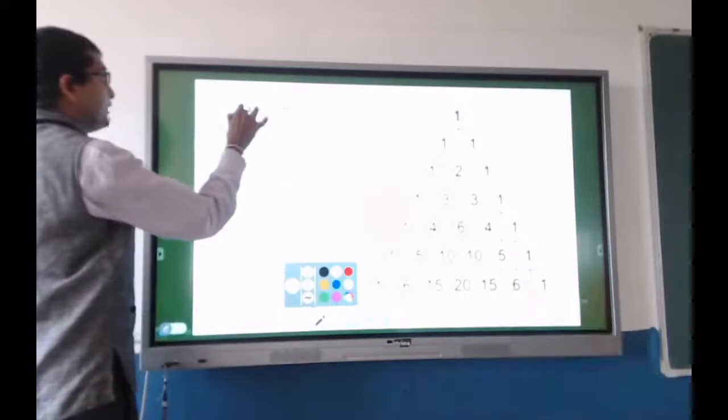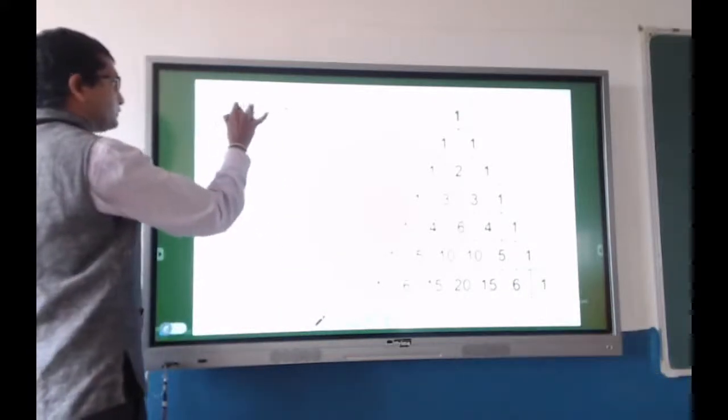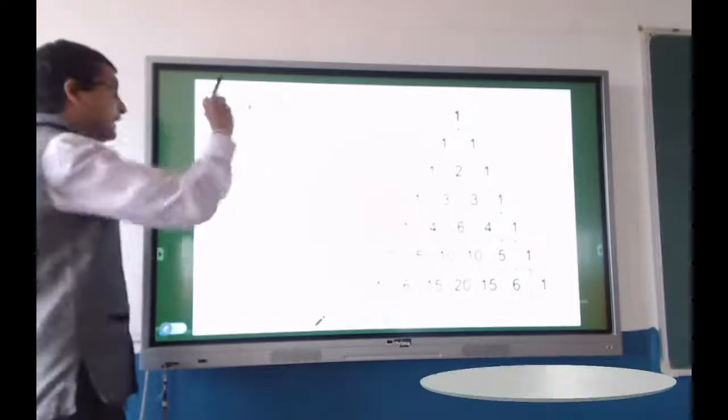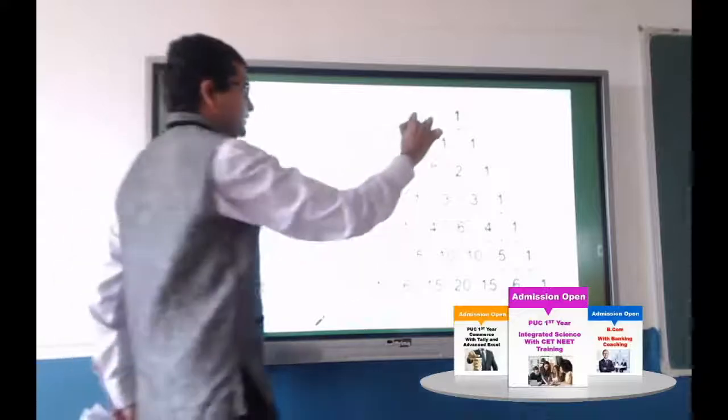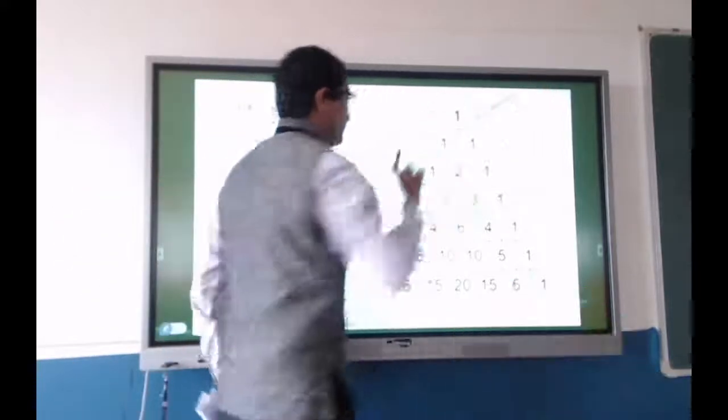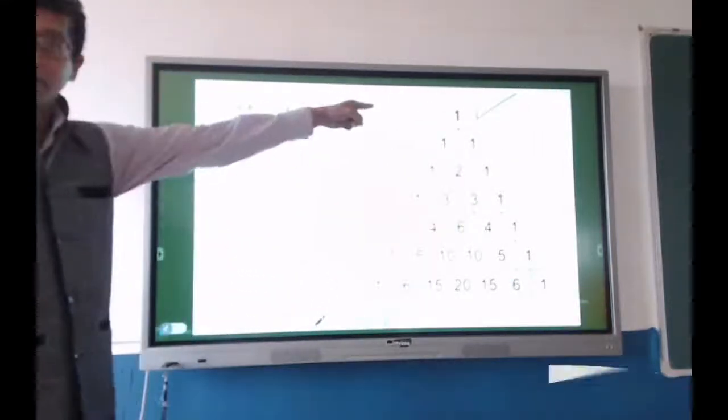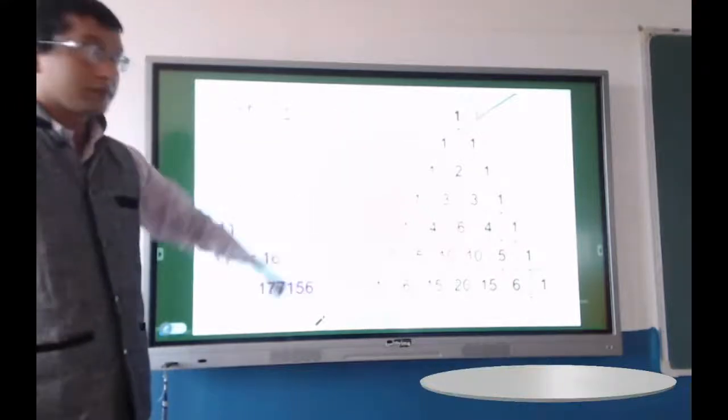Any number raised to 0 is always 1. So this is in the Pascal triangle, that is a 1. 11 raised to 0 is 1.